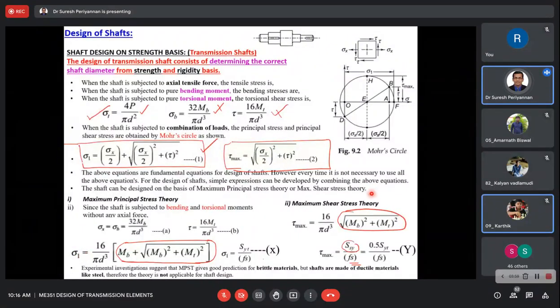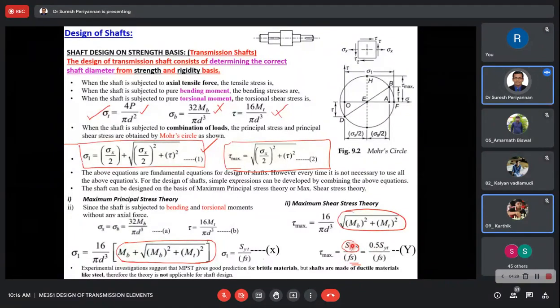Similarly, for the maximum shear stress theory, we use this formula and substitute these values. We finally get 16 divided by pi d cube into square root of Mb squared plus Mt squared. This term is nothing but the equivalent bending moment, and this term is the equivalent torsion moment. On the left-hand side, tau max is nothing but shear yield divided by factor of safety.